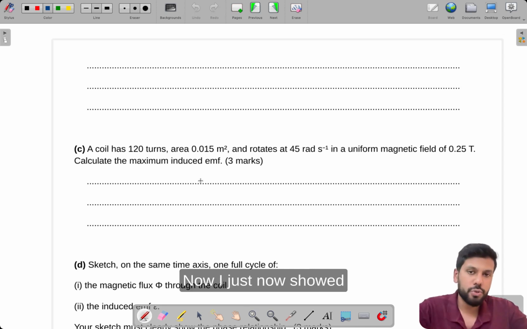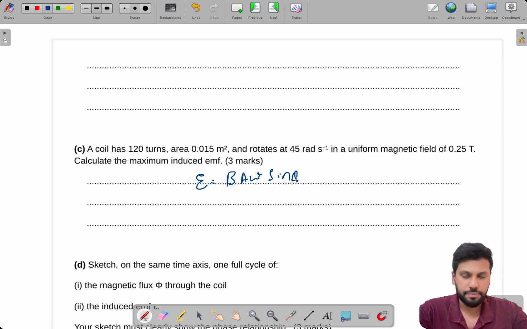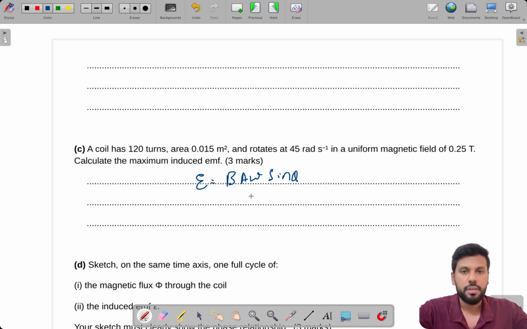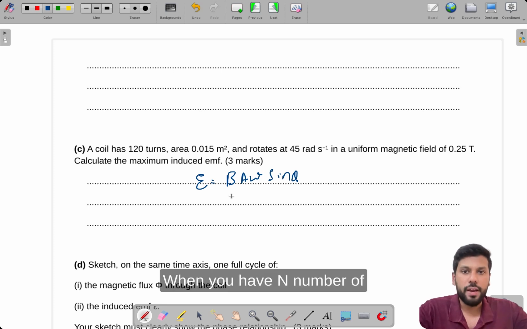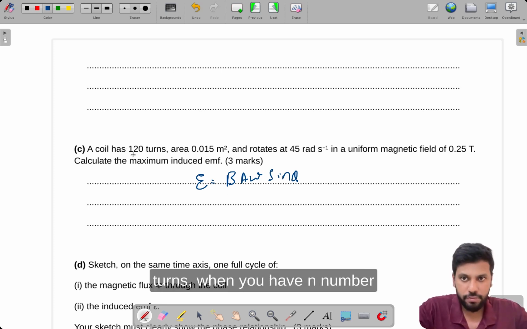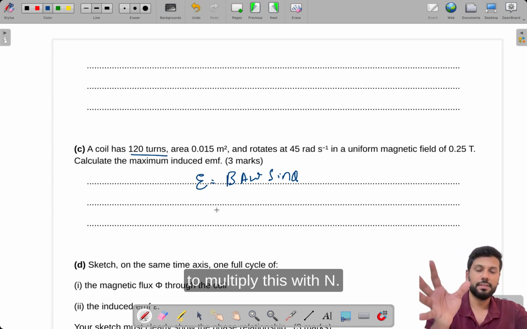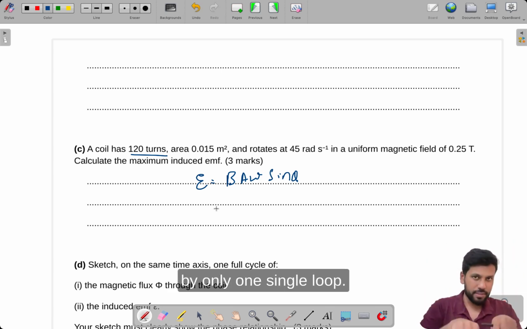Now I just showed you the EMF formula. EMF is BA omega sine theta, right? Now understand one thing. When you have N number of turns, you just have to multiply this with N, because this EMF is produced by only one single loop.